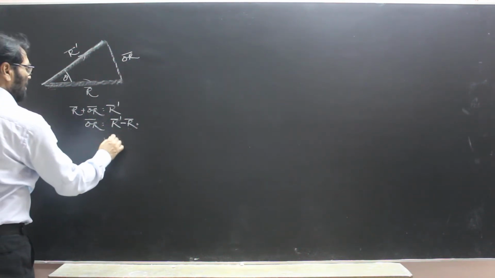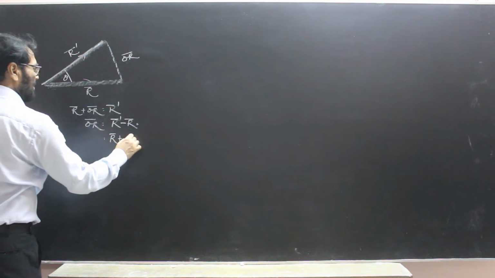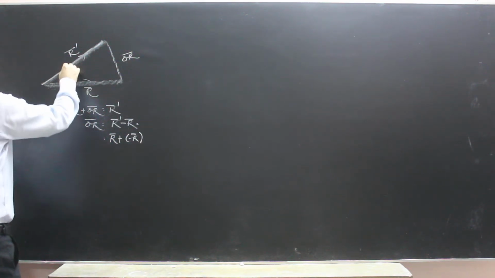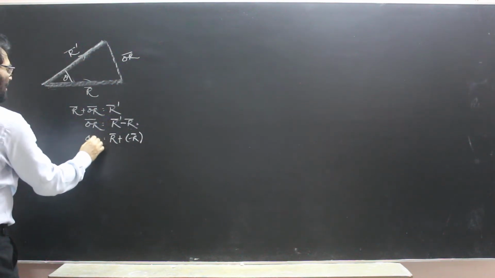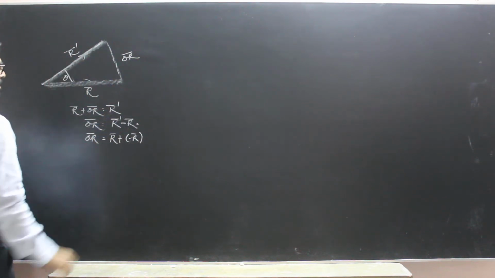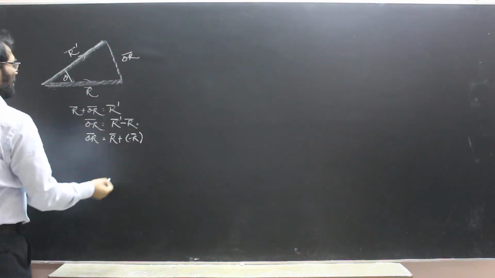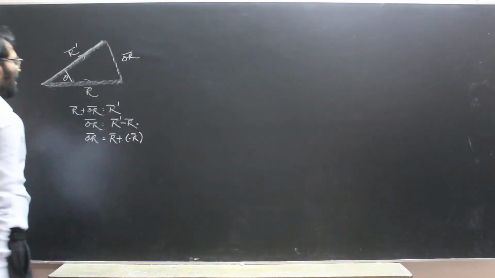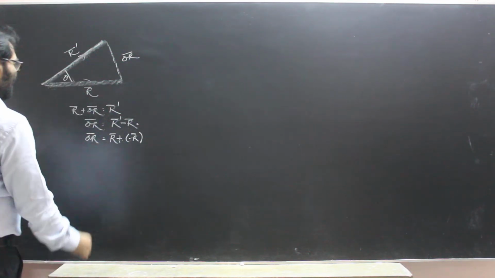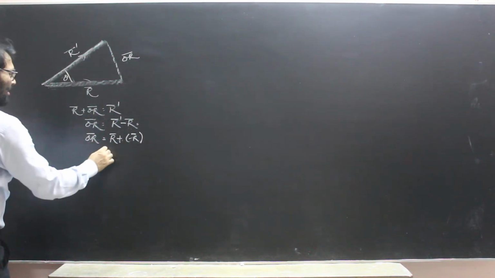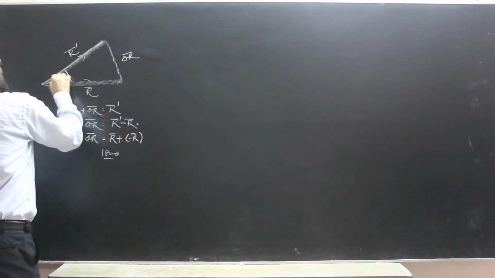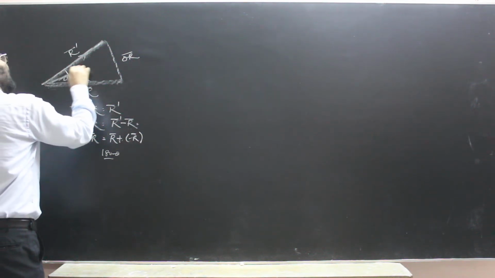If the angle between r and r dash is theta, then delta r is the resultant of r and r dash, but not at theta, rather at 180 minus theta, and it was calculated like that.